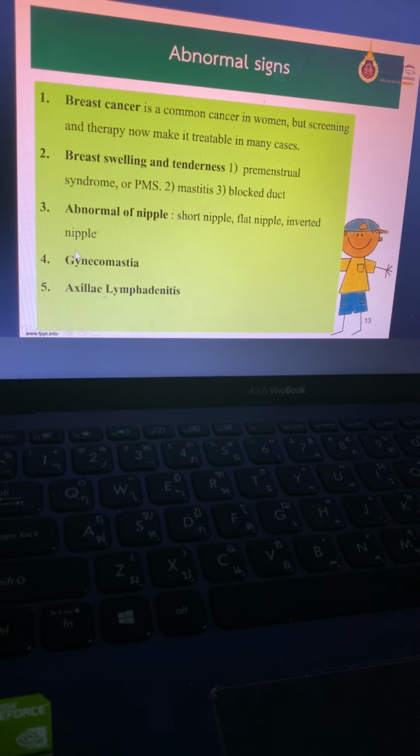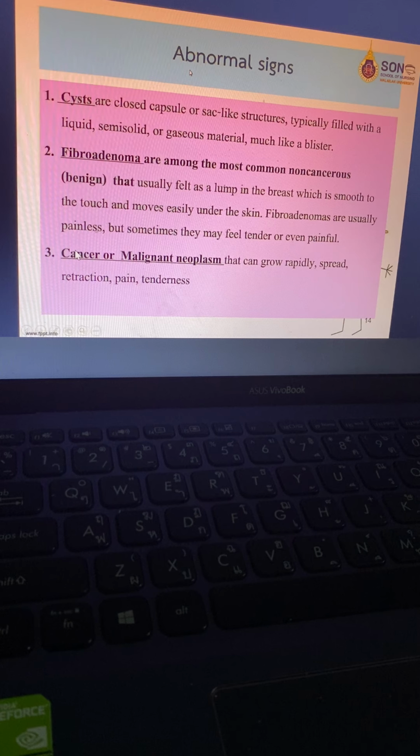And finally I will talk about axillary lymphadenitis, which is inflammation of the axillary lymph nodes. This slide is important because when we find a lump, we must differentiate and diagnose what it is: a cyst, a fibroadenoma, benign, or malignant.